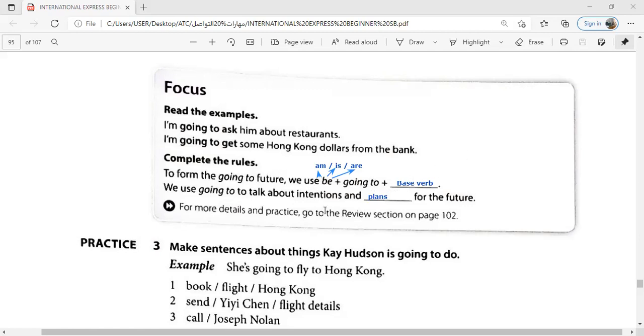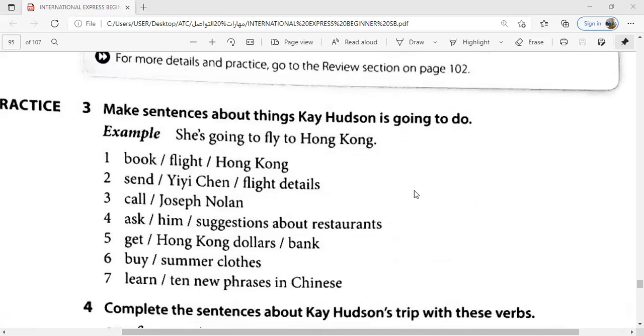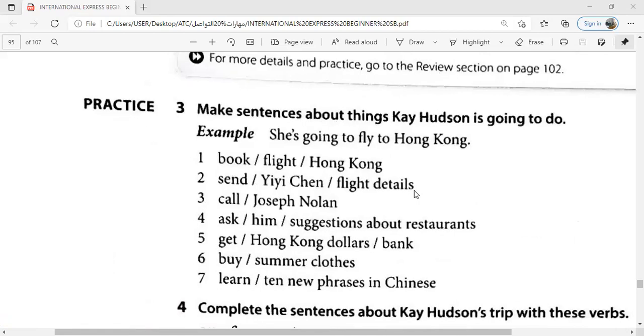طيب هلا we have words and we are going to put these words into complete statements. بدنا نضعها بشكل بحيث إنها تصير عندنا جمل كاملة. هلا لاحظوا إنه عندكم the first sentence is done for us فإحنا we are not going to write everything. هلا the first thing we have here we are talking about Kay. She is going to. For all of the sentences here are going to start with she is going to. Okay, let me start it.